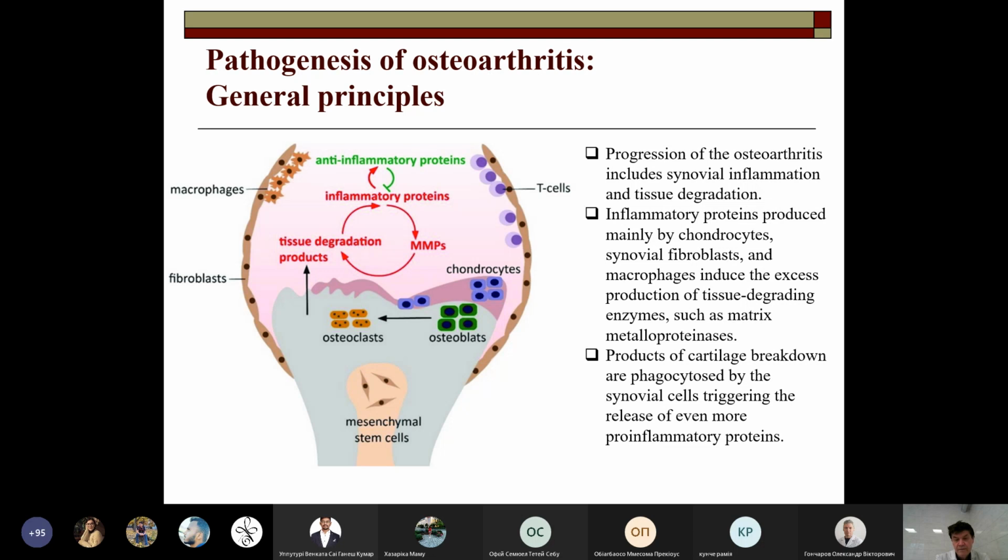And so finally, we can see that the products of cartilage breakdown, the phagocytes, and the synovial cells can lead and bring about the release of even more inflammatory cytokines, and the apoptosis of T cells is completely absent because of genetic predispositions.